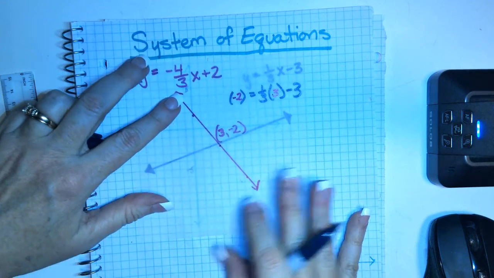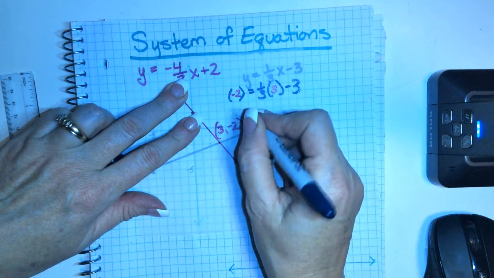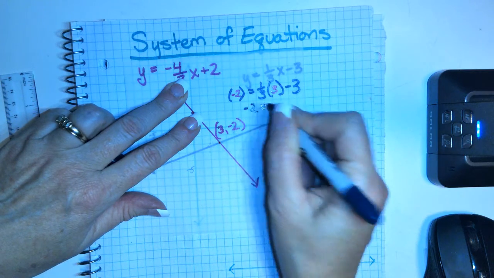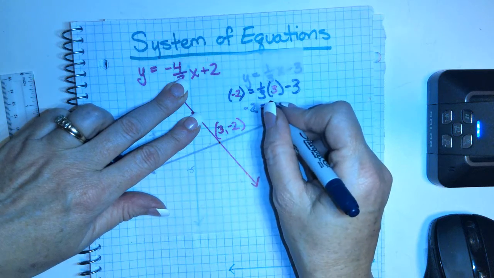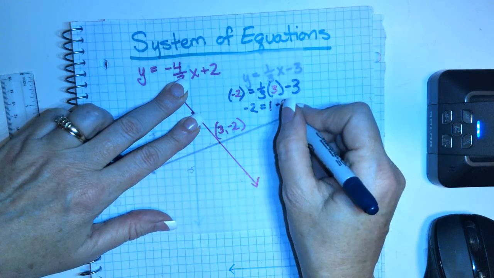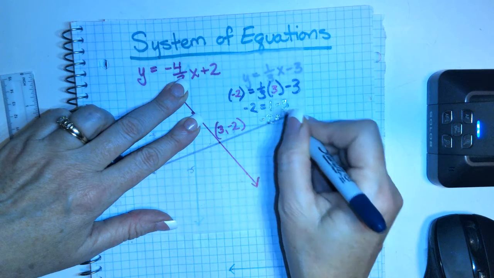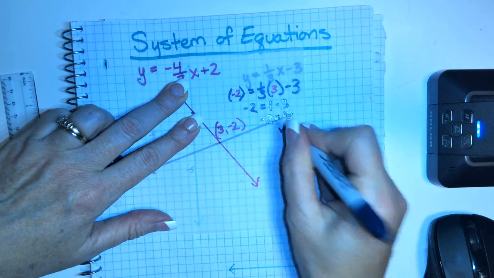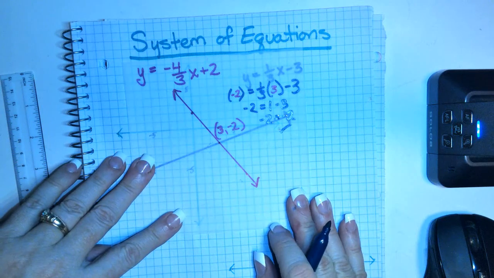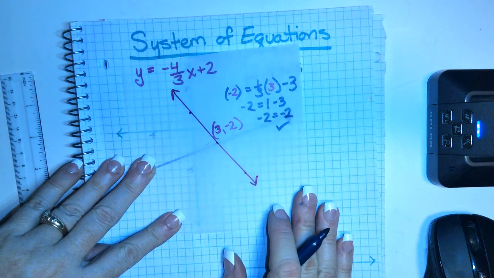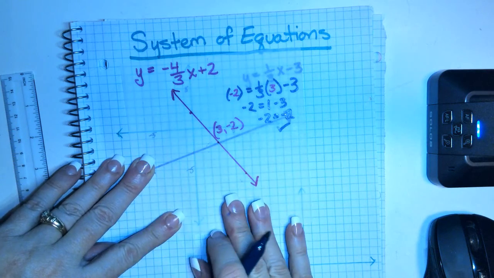Simplifying this, that's going to give me negative 2 equals 1/3 of 3 is just 1 minus 3. That means negative 2 equals negative 2. Look at that. It worked out. Okay, so now what I want to do is check this one. You have to check both.